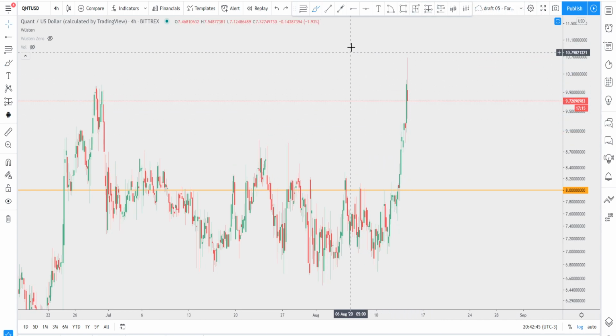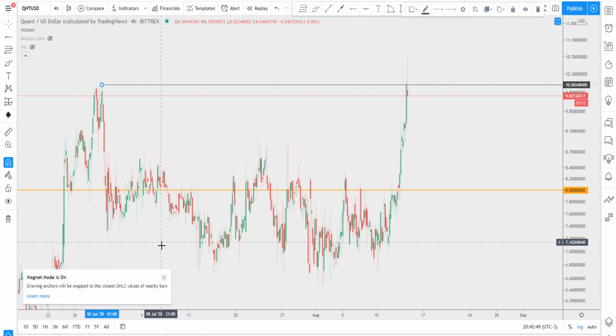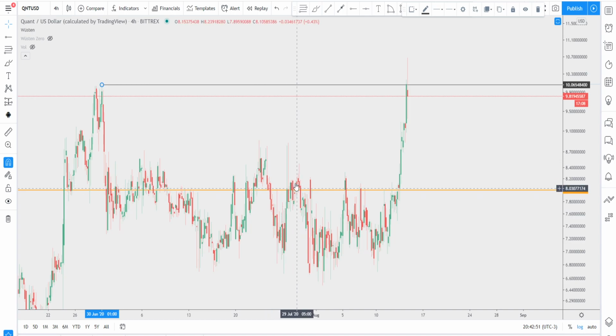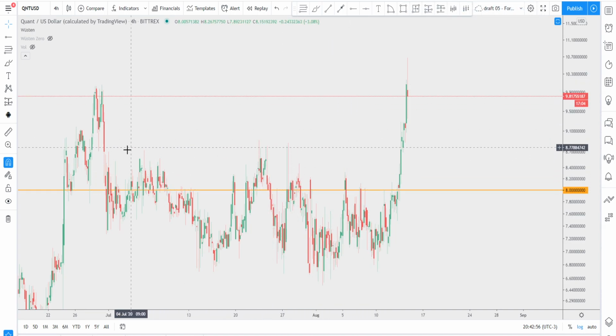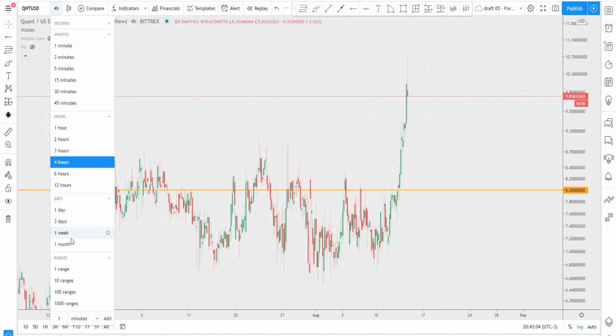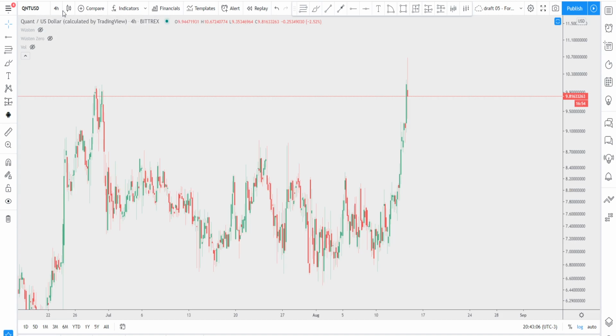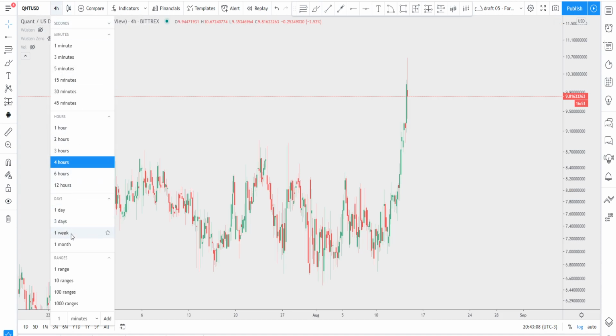And why? Because support and resistance traders, or even the market makers, they're always looking for these levels. Okay. So, for example, if we have this scenario here in mind, okay? 4 hours. Now let's go back to the weekly.